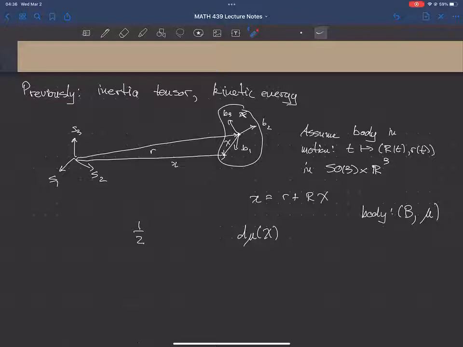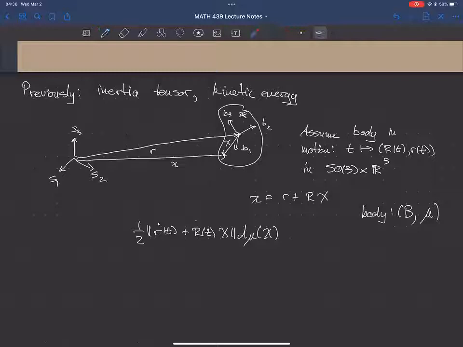Okay, and so v here is going to be the velocity of that point in the spatial frame, which of course is going to be x dot. Okay, and with x given like so, x dot is going to be, okay, like that.